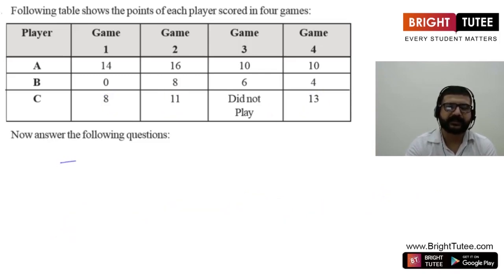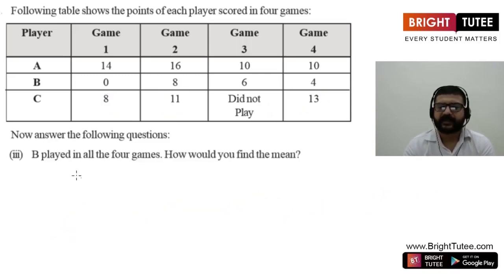Now let's move to the next question, which is, B played in all the 4 games. How would you find the mean? Here we just have to tell how we have to find the mean for player B. So what we will do, as we know, mean is equal to the sum of all the observations divided by the number of observations.